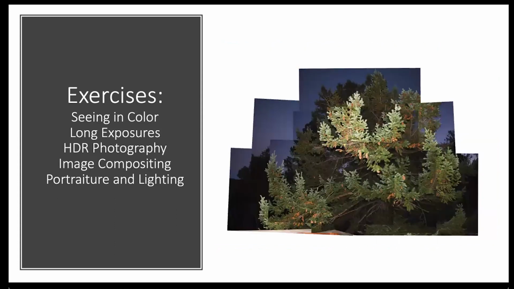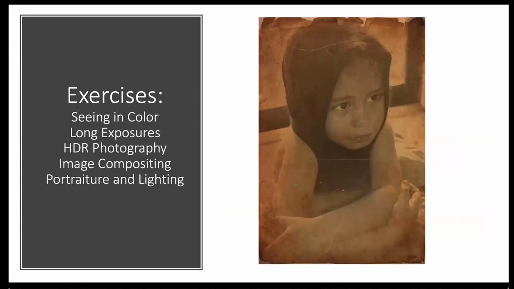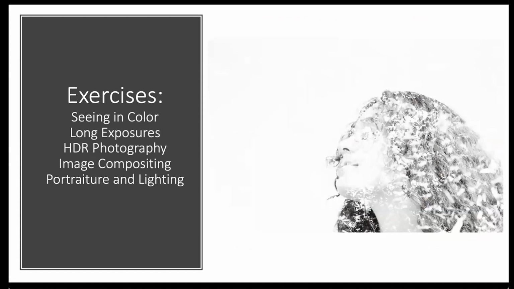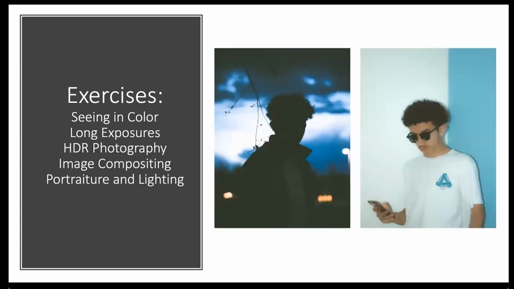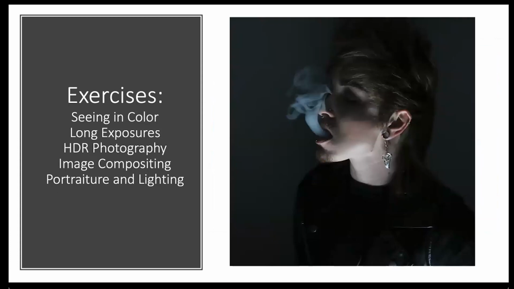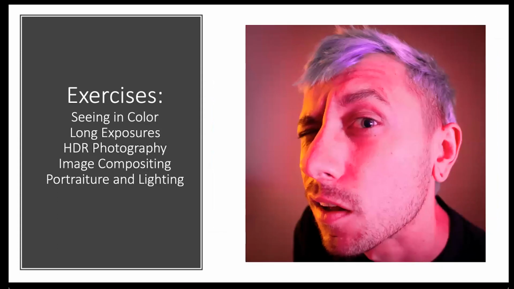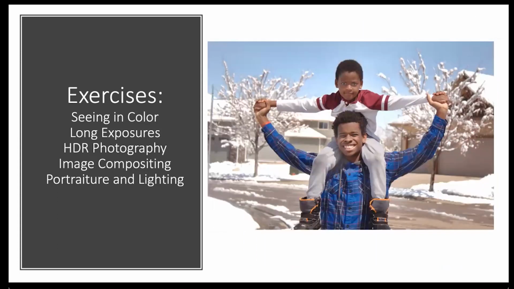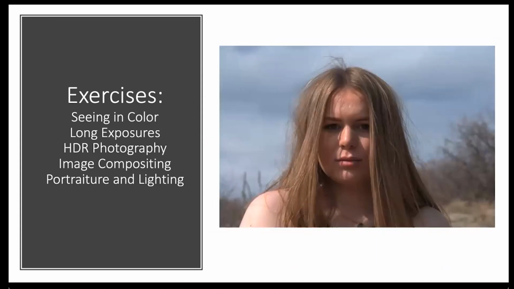HDR photography, image compositing, and an exercise on portraiture and lighting. So that's a double exposure. So looking at portraiture and lighting, looking at artificial light, existing light, artificial meaning like studio lighting you set up and control yourself, and natural light.